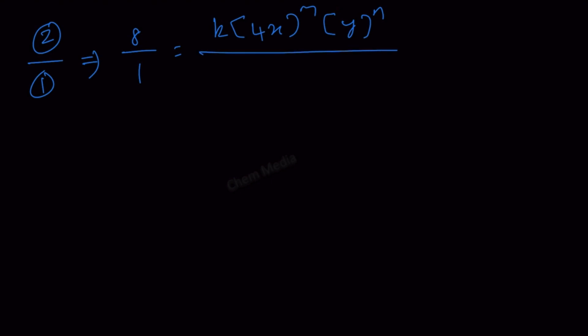So in that case, 8 by 1 is equal to k times 4x to the power m times y to the power n divided by k times x to the power m times y to the power n. So in this case, y to the power n, y to the power n we can cancel, k and k we can cancel, x to the power m, x to the power m we can cancel.